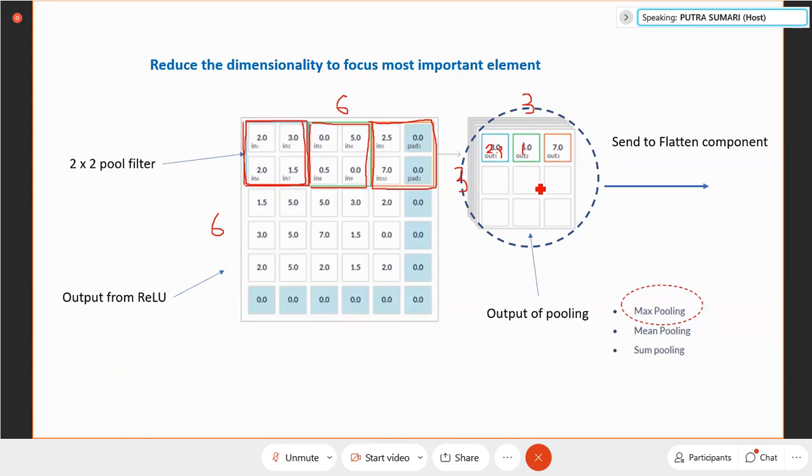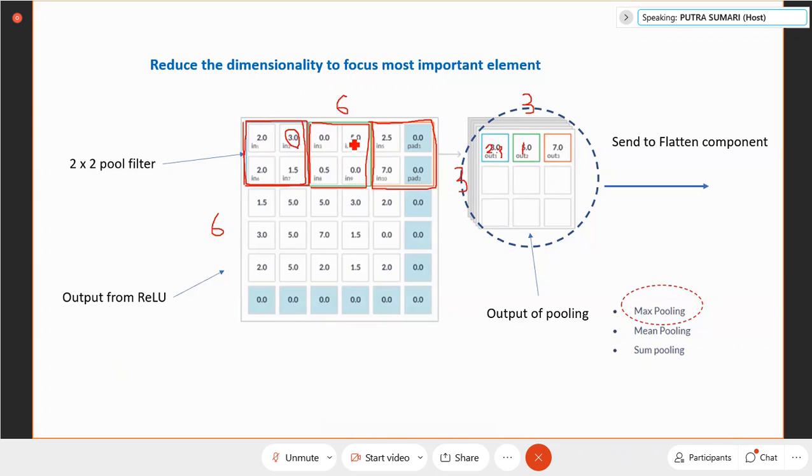Simply because you use 2 by 2. It reduces it by half. So it is called dimension reduction, to reduce the size of the original input. So we reduce the dimension. So the complexity of the things, we reduce into half. We don't deal with the whole big thing. We only deal with half of it.